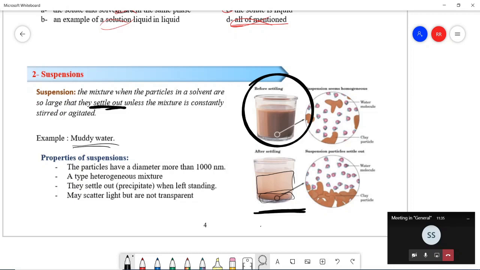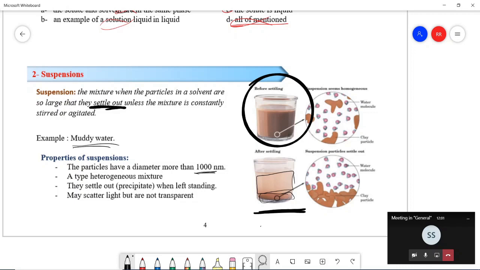Let's look at the properties of suspensions. The particles have a diameter of more than 1000 nanometers, but the particles of a solution were between 0.01 and 1 nanometer. So they were smaller than 1 nanometer, while particles of a suspension are bigger than 1000 nanometers.